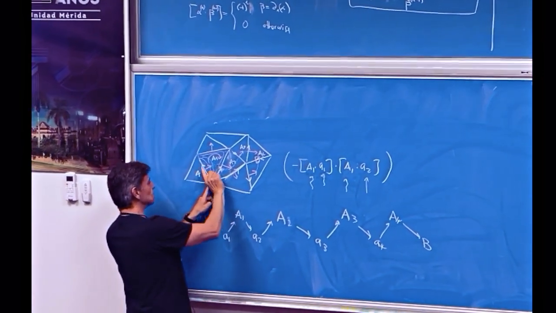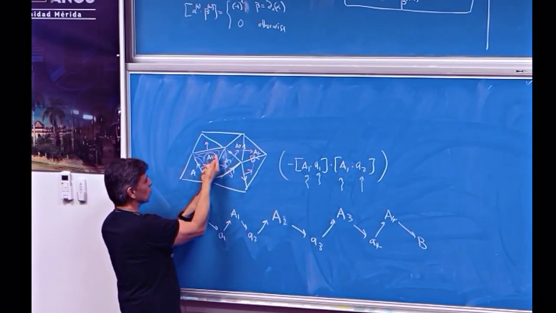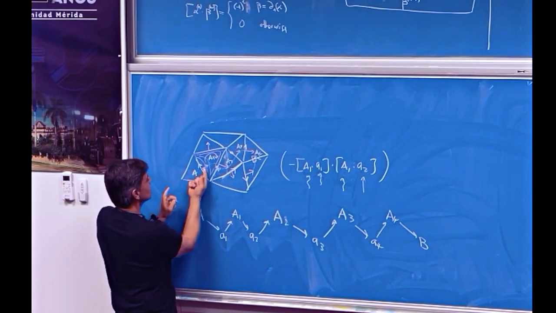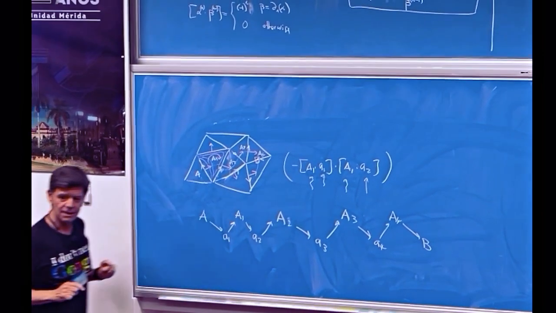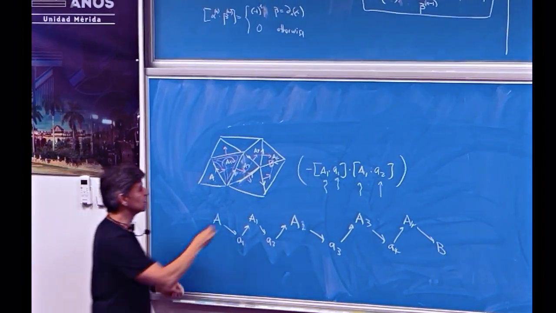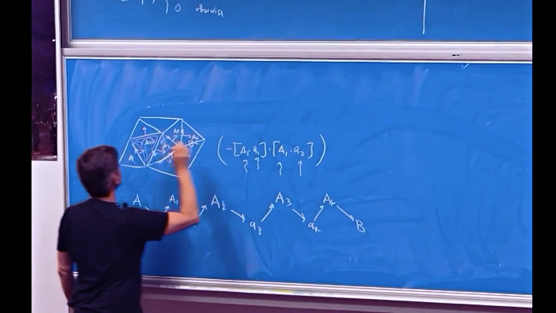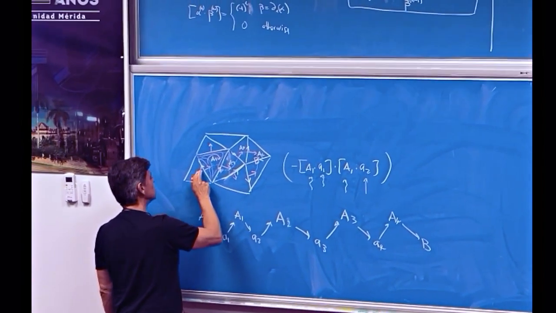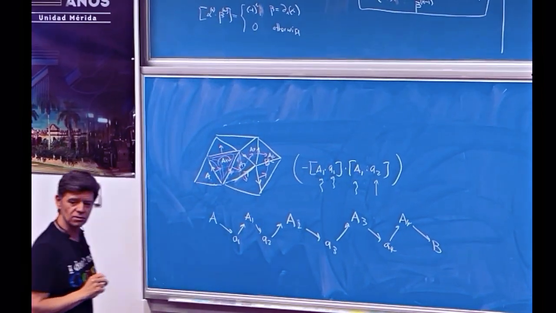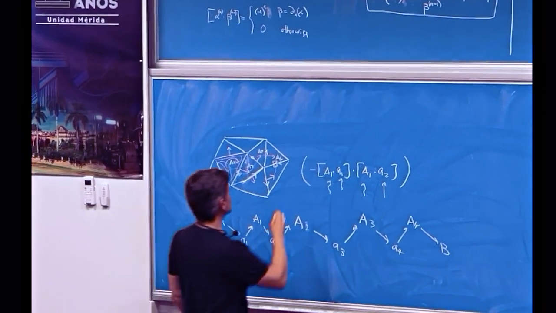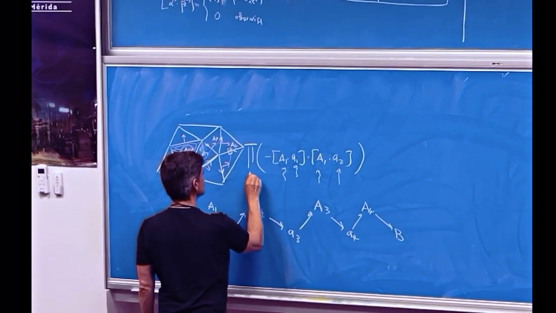Before they were not compatible, but now this edge is being deformed in this way, and now they are compatible. So it turns out that this expression tells me whether this orientation of this edge is compatible or not with this orientation of this edge. And then I only make the product of all these things.